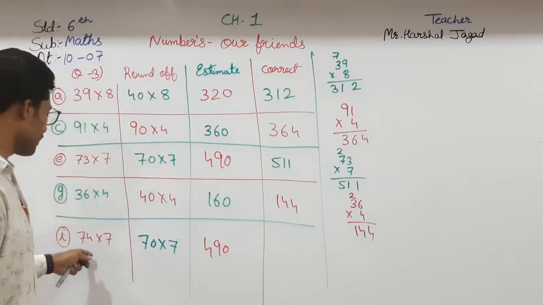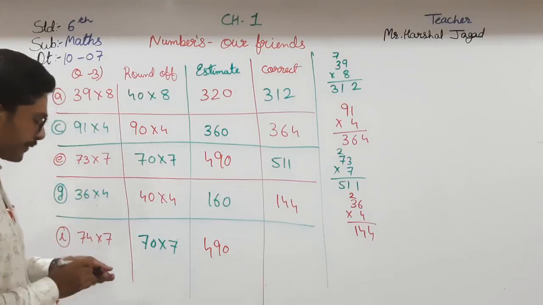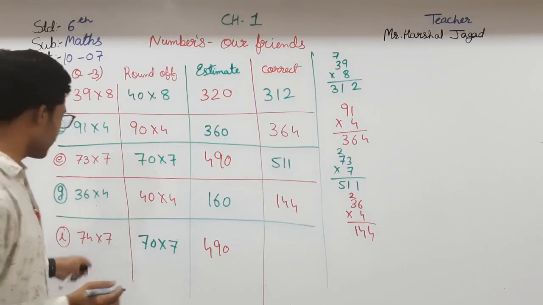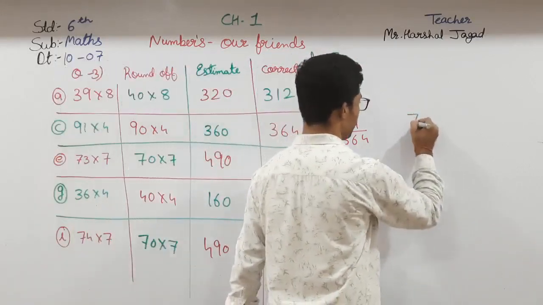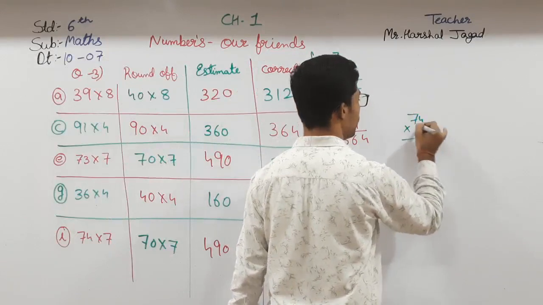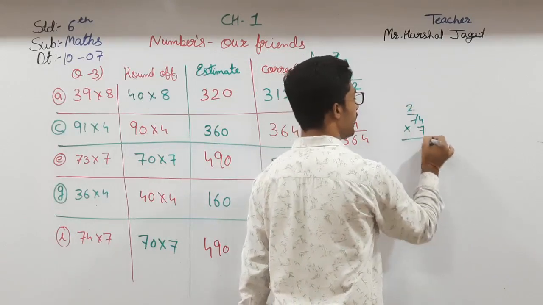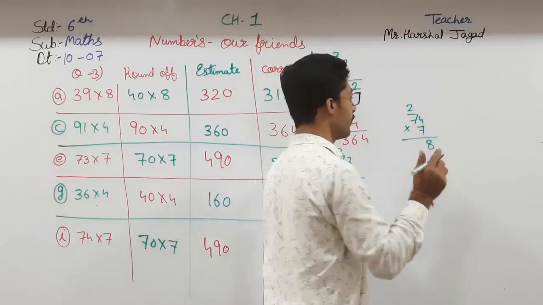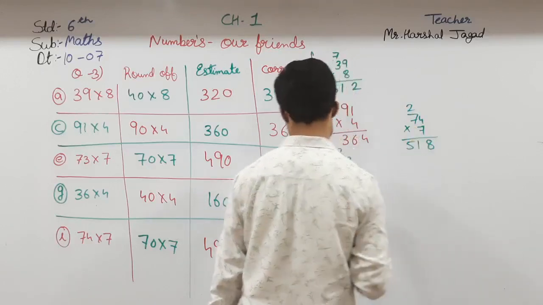Then moving towards next, now calculating 74 into 7. So 7 4s are 28. 7 sevens are 49, 50, 51. So 518.